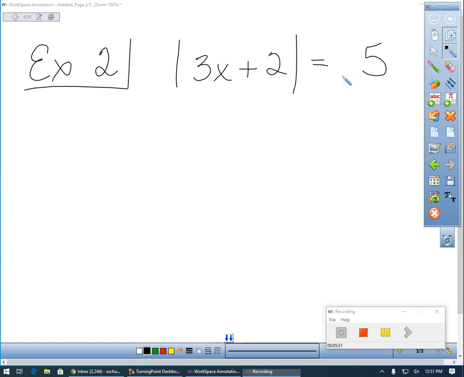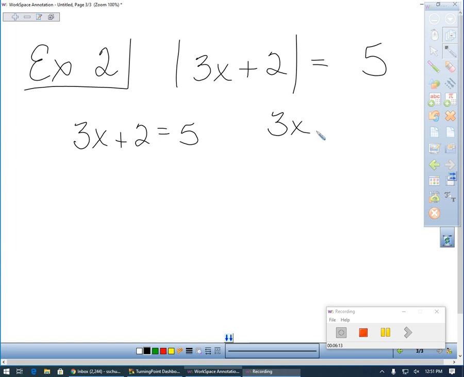This is an absolute value one, which means the first thing you have to do is get the absolute value by itself. Is it by itself? Okay. When you have an absolute value, you set up two equations. Equation number 1 is you just drop the absolute value. So I have 3x plus 2 equals 5. And the second one is a negative 5, exactly. 3x plus 2 equals negative 5.